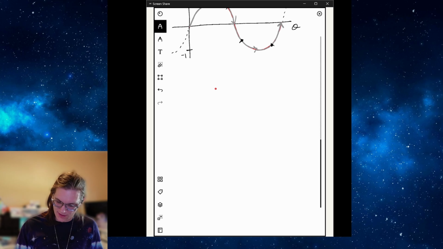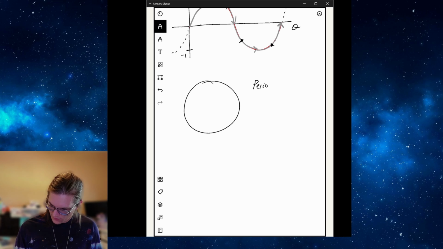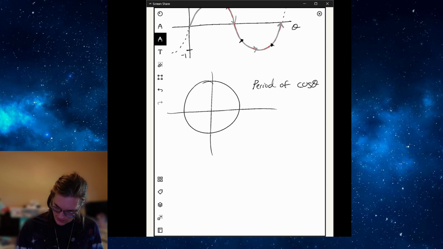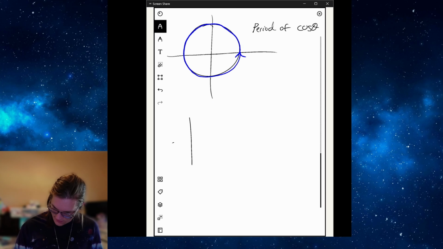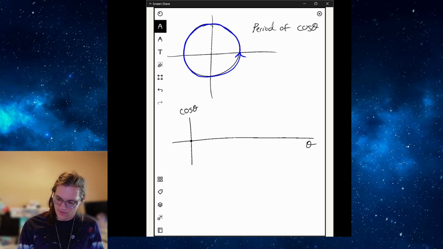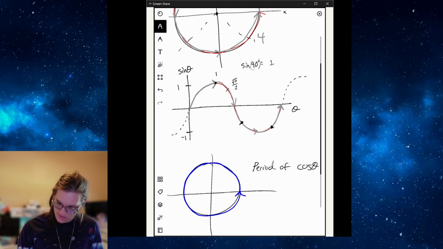And I always remember that if we do cosine real quick, the period of cosine, say we're dealing with this blue thing, we go all the way around once. It's easy to remember how to differentiate these two. The cosine will start up here at 1 and end up at 1, whereas sine, if you remember, starts at the origin.